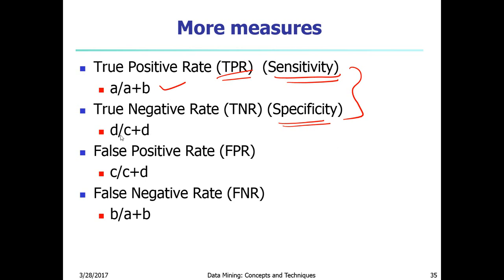Then there are false positive rate and false negative rate. Depending on the requirement of the problem that you're solving, you will use one of the metrics that we have discussed so far.